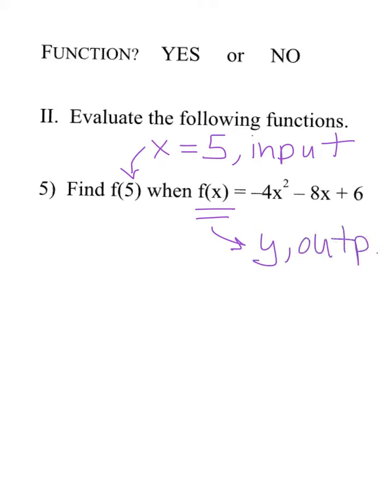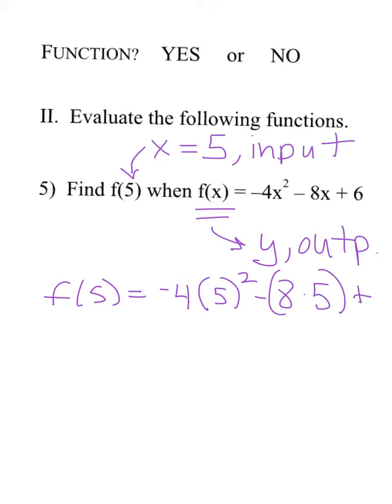So all we need to do is substitute 5 wherever we see x in the function. So f of 5 equals -4 times x squared, and x is 5, minus 8 times 5 plus 6.